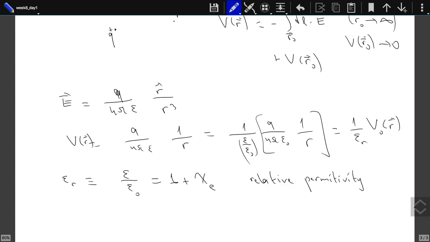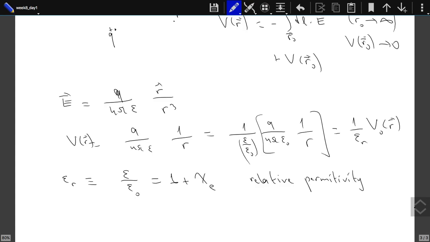So if you have a dielectric, what happens is the dielectric reduces the potential by this factor epsilon r. Now, that is kind of expected, because if you apply an external electric field, the polarization will be such that there will be an electric field created in the opposite direction.